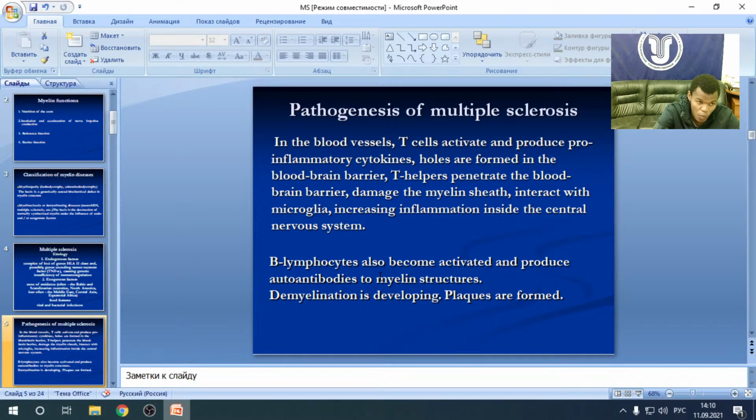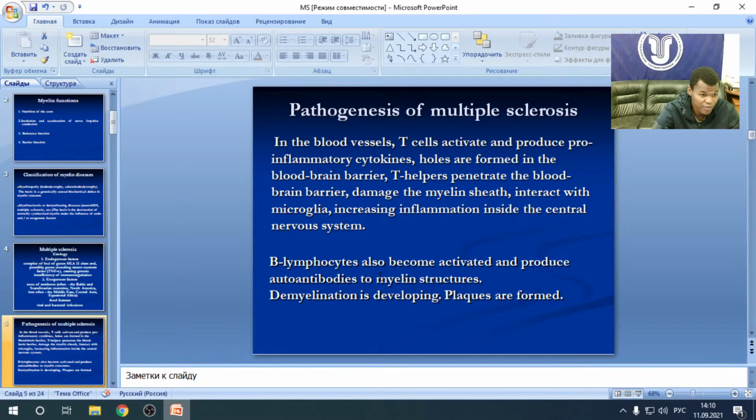When T cells are activated, there will be a production of cytokines. Cytokines are inflammatory. Here the cytokines now form a blood-brain barrier.